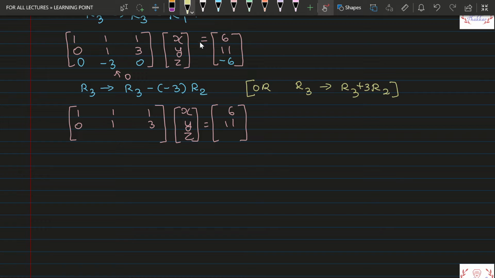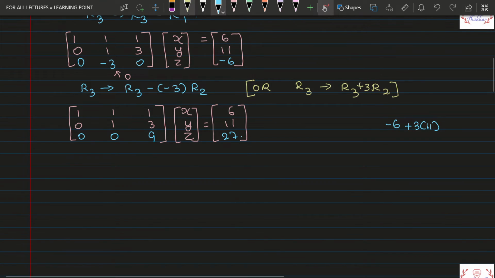So over here, this will come out to be 0 plus 3 into 0, which is going to be 0, minus 3 plus 1 into 3, that is also going to be equal to 0, and 0 plus 3 into 3, that is going to be equal to 9. On the right hand side, minus 6 plus 3 into 11, and that is going to be equal to 27.